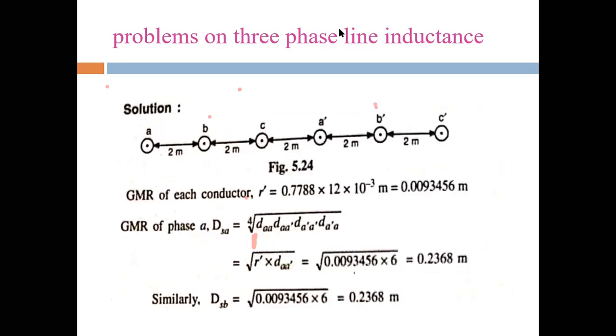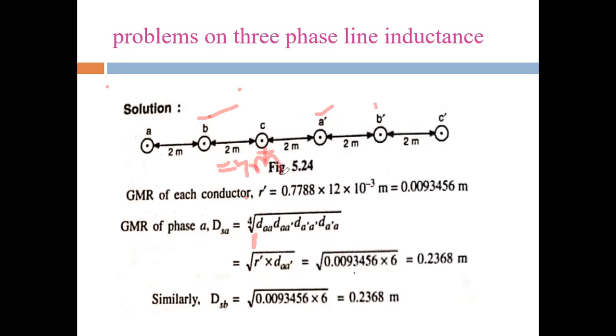What is the distance between A dash to B? That is 2 meters plus 2 meters, equal to 4 meters.